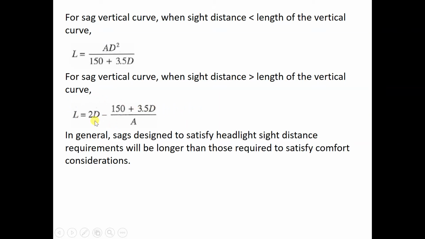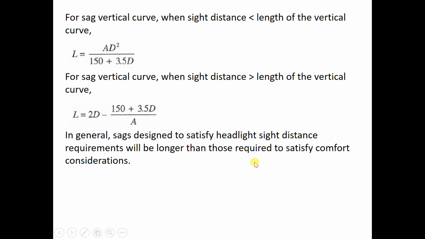So this one is for when the stopping sight distance is greater than the vertical curve. In general, sags designed to satisfy headlight sight distance requirements will be longer than those required to satisfy comfort consideration. So for the headlight sight distance, the requirement will be longer than those.